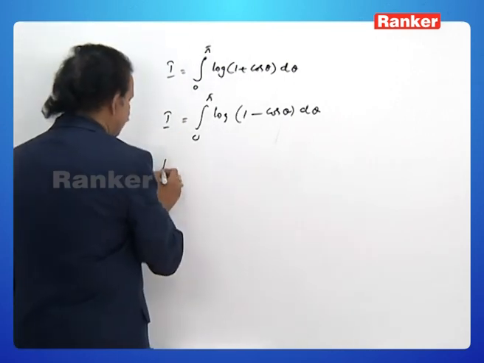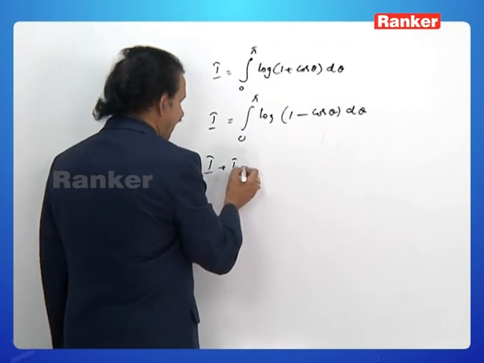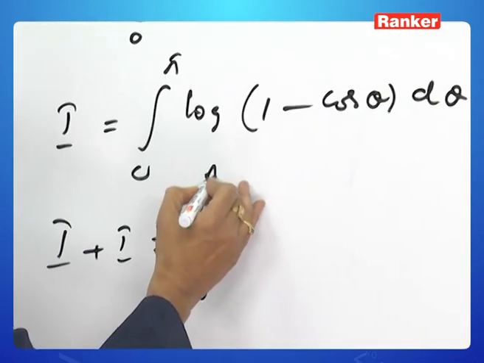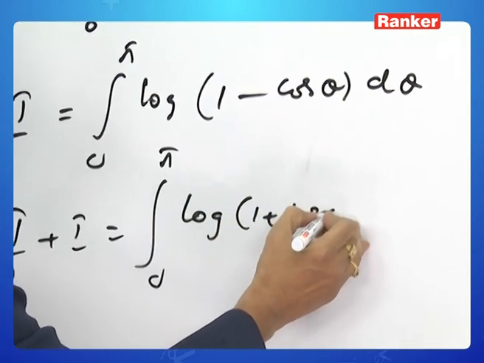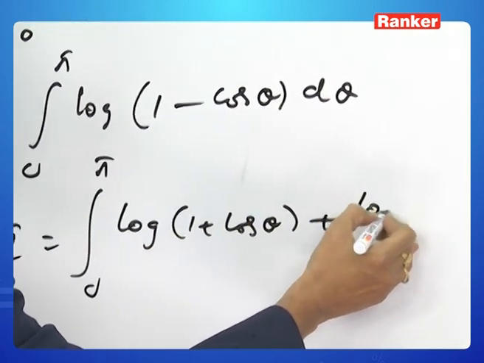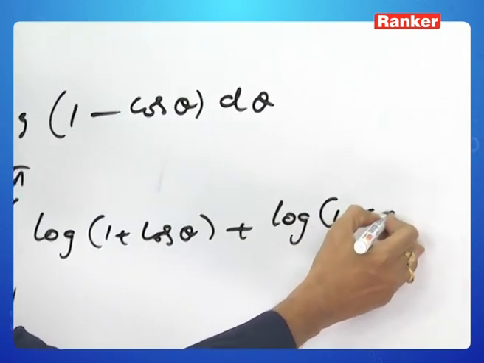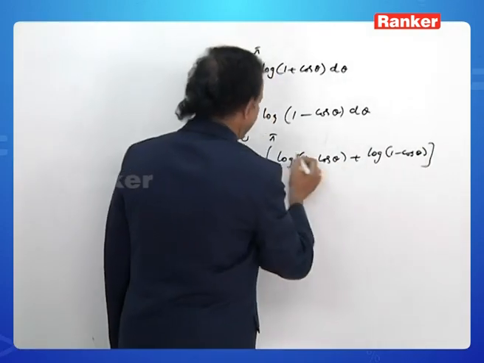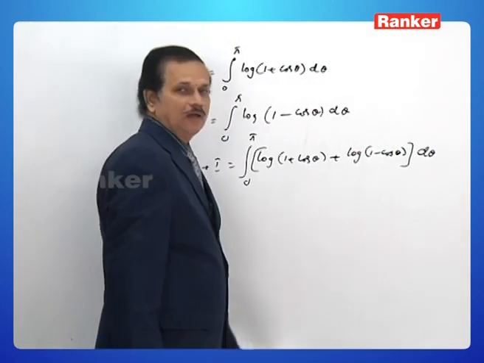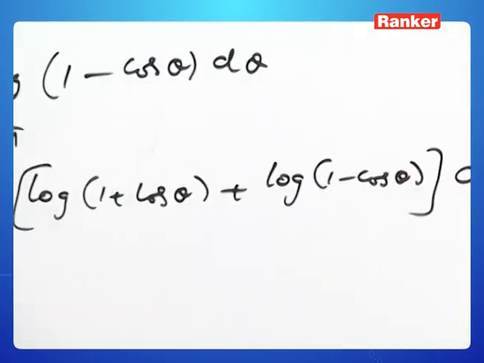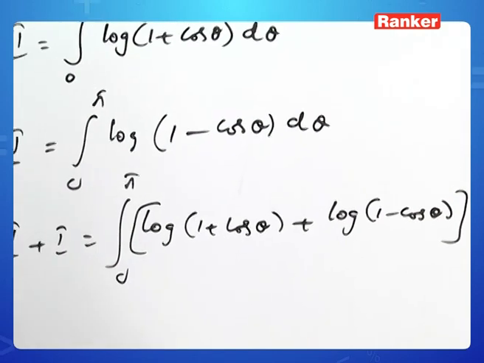Let us add these two. What happens? I plus I is equal to integral 0 to pi log of 1 plus cos theta plus log of 1 minus cos theta d theta. Now log of 1 plus cos theta plus log of 1 minus cos theta, that is log m plus log n is log mn.